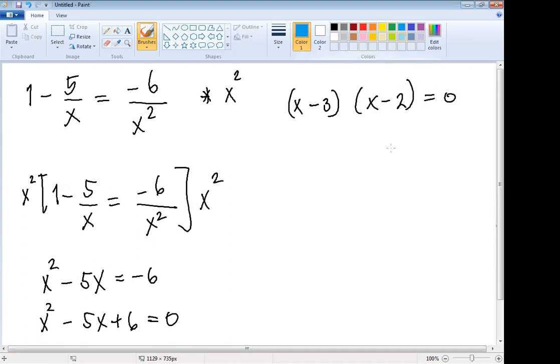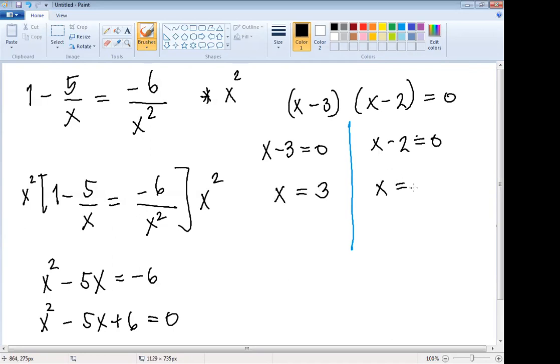Then you separate the two equations: x minus 3 equals 0, x minus 2 equals 0. So the values of x now are 3 and positive 2. We have two solutions, so when we check, you have to check both. Okay, so let's try.